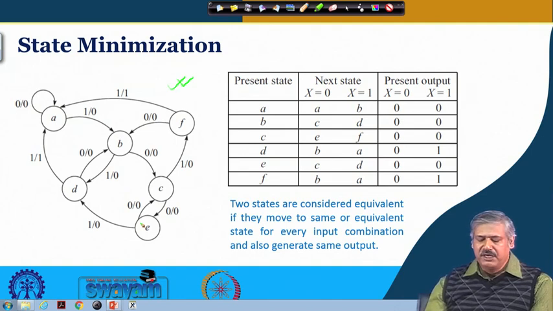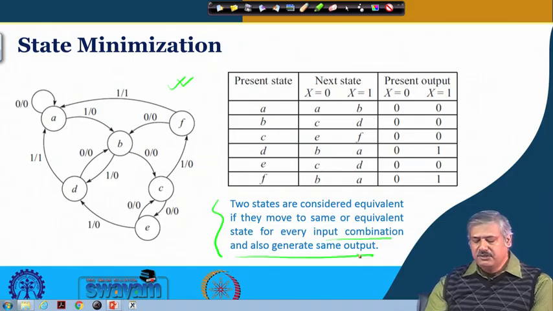Before that, we first understand that two states are considered equivalent if they move to the same or equivalent state for every input combination and also generate the same output.